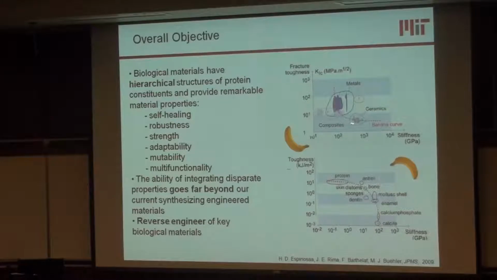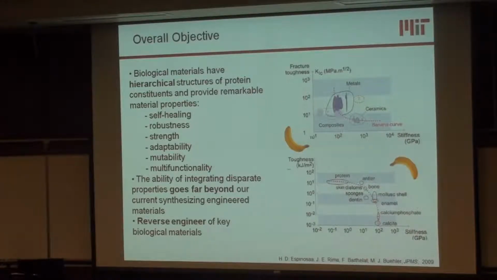For engineering materials, you have this banana curve, but for many biological materials, it's the inverse banana curve. So it's a combination of toughness and strength, stiffness. Also, biological materials have other advantages, like self-healing, adaptability, compatibility, and multifunctionality.